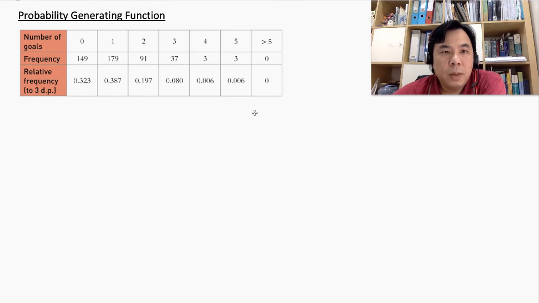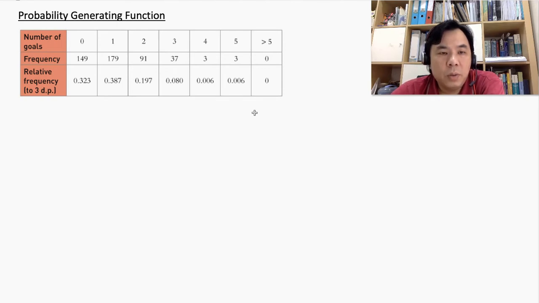Right now, the first row represents the number of goals presented by the team throughout the game. Right now we can have no goals at all. We can have one, two, three, four, five, or more than five here.